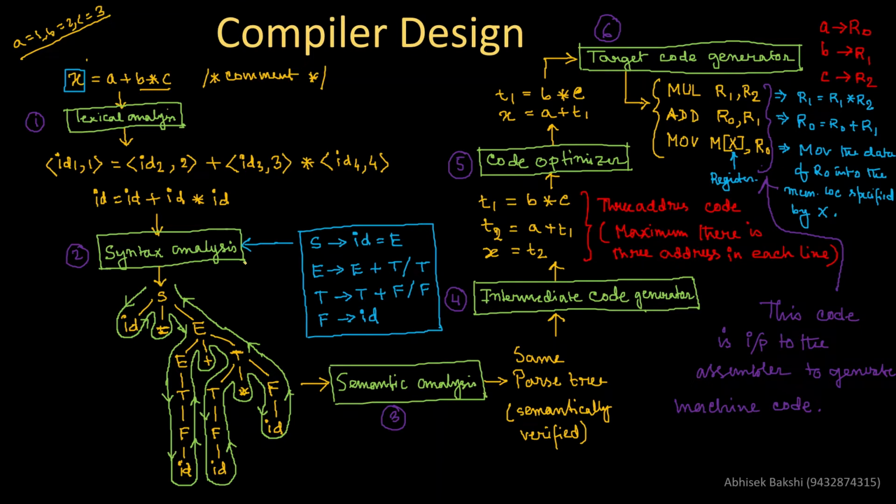Okay, so if I simply tell you in a single line what the output of this semantic analysis phase is, let's draw a very simple diagram over here just to recall what actually is there.